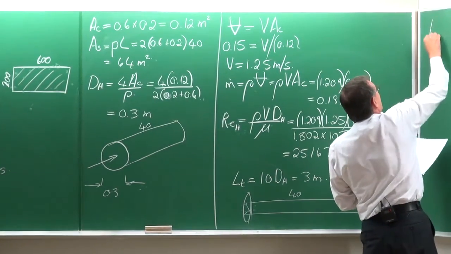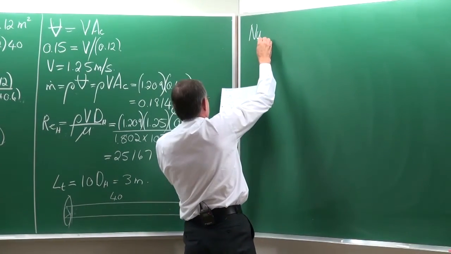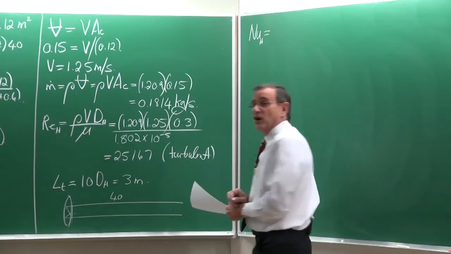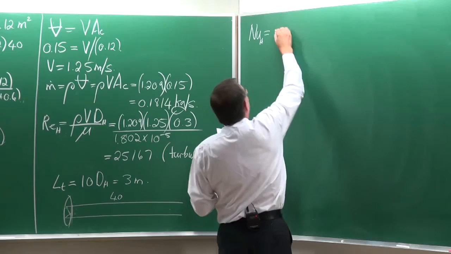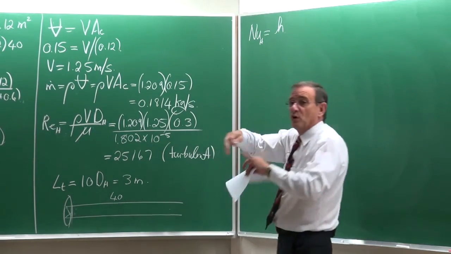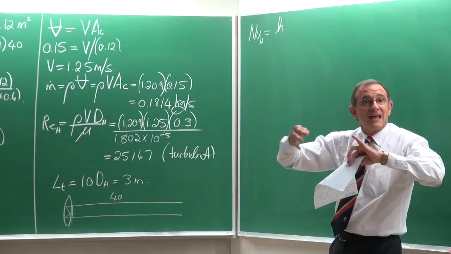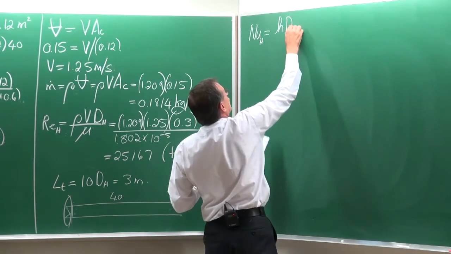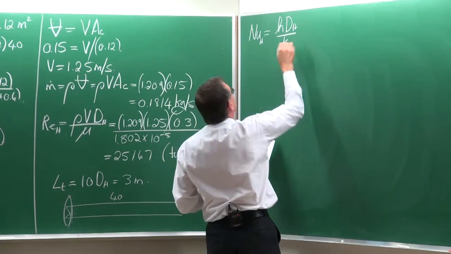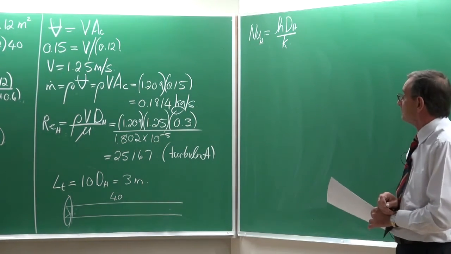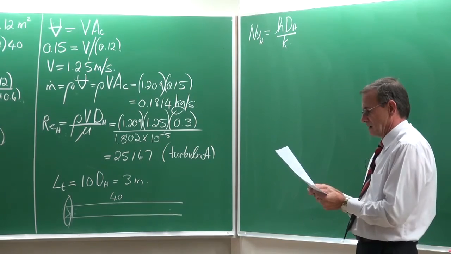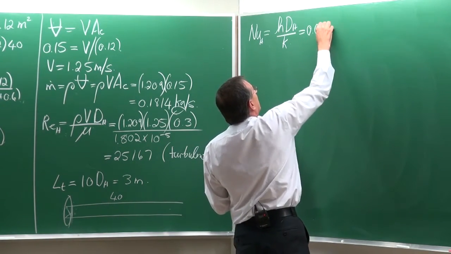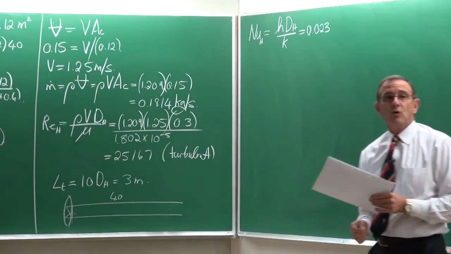Right, now let's calculate the Nusselt number. So the Nusselt number, again based on the hydraulic diameter, is equal to the heat transfer coefficient multiplied by the characteristic length, the hydraulic diameter dH, divided by K. And that is equal to, and I'm going to use again the Dittus-Boelter equation.